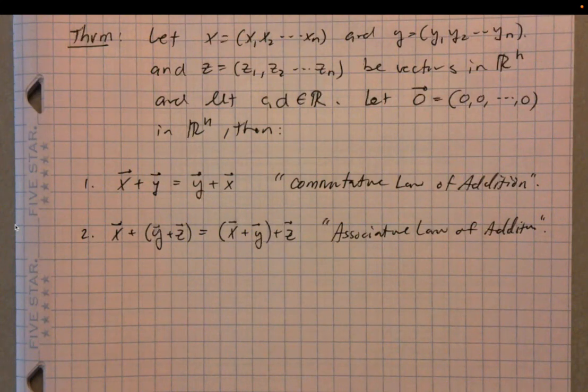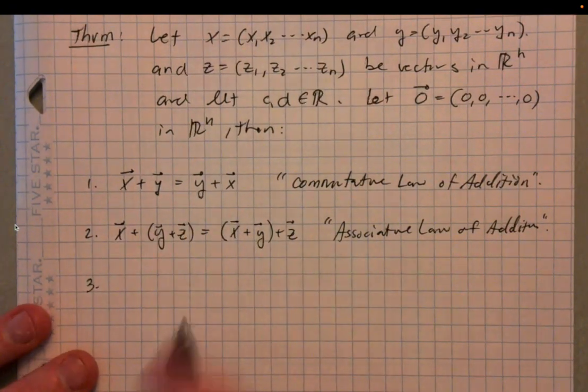Important to say that of addition piece because we also have associativity for multiplication and commutativity for multiplication. Okay, so that's that one, right? So 2 plus 3 plus 4 is the same as 2 plus 3 plus 4. It's the same idea, same principle here.